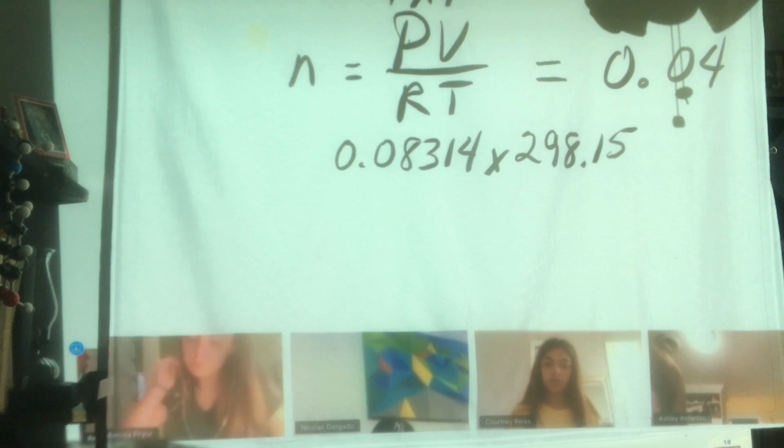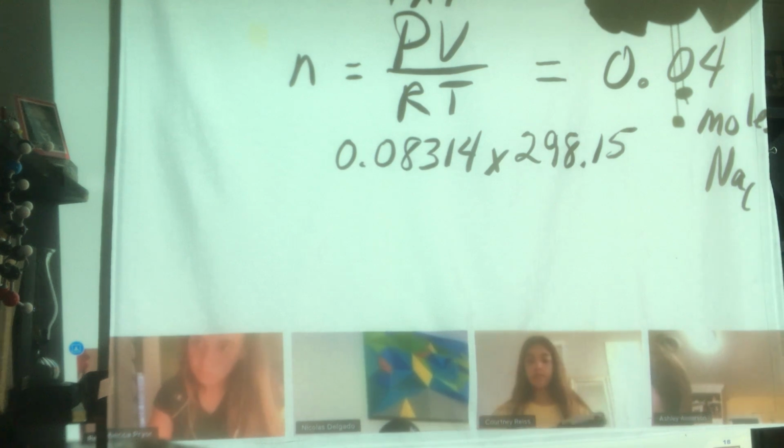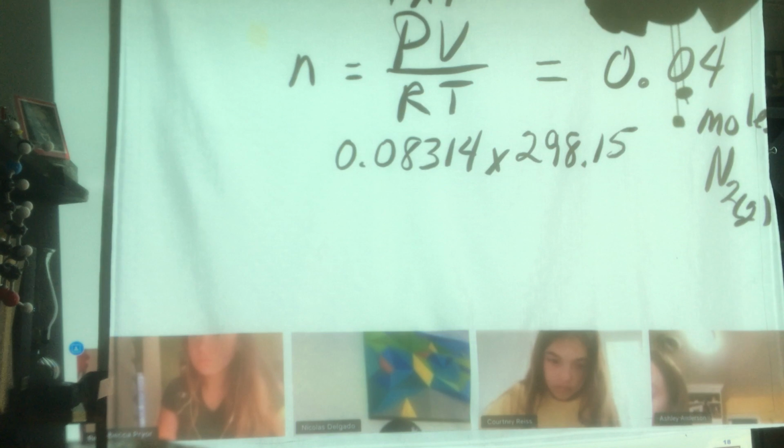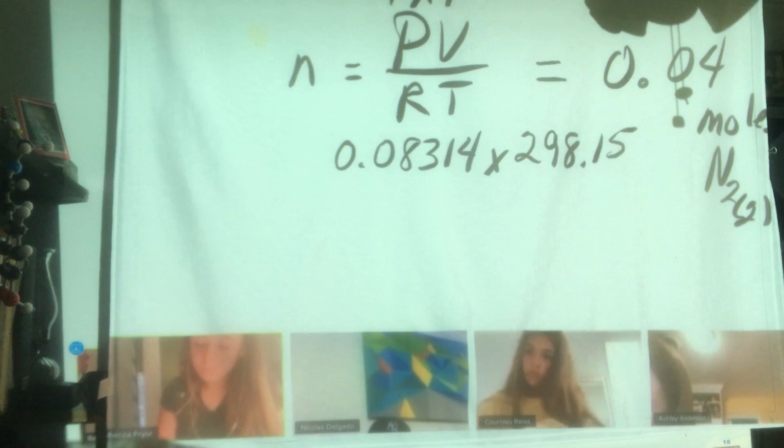0.04 moles of nitrogen gas. Excuse me, let me erase that part. So we have 1 liter of nitrogen gas. It was at 1 bar, and the gas constant was 0.08314.